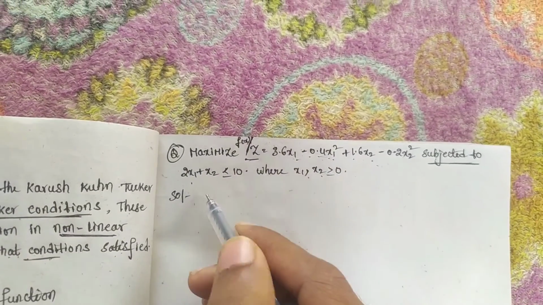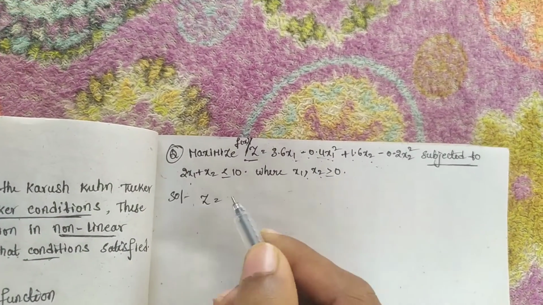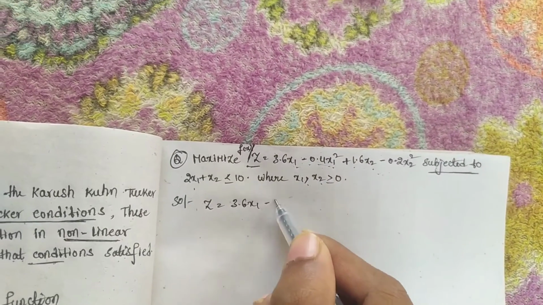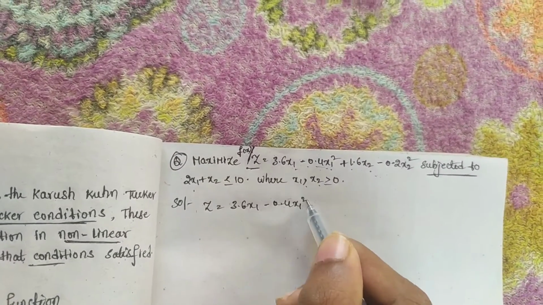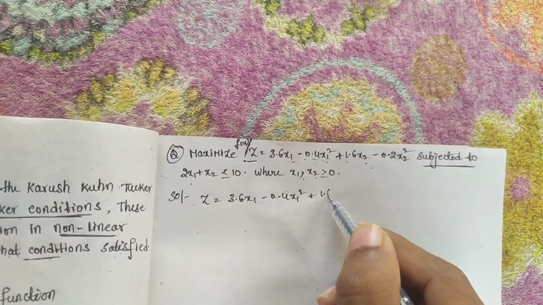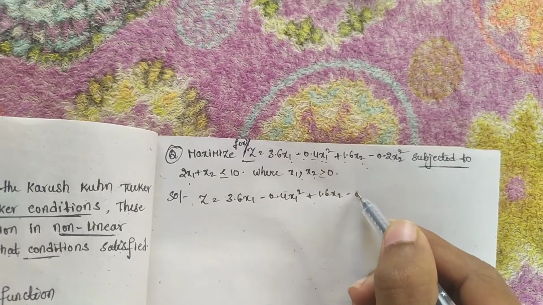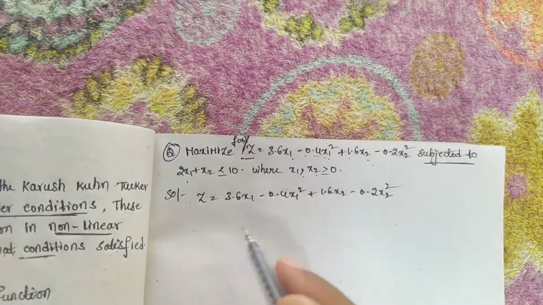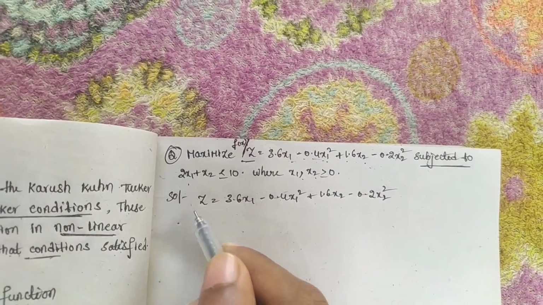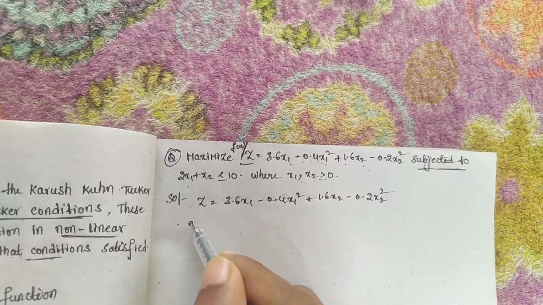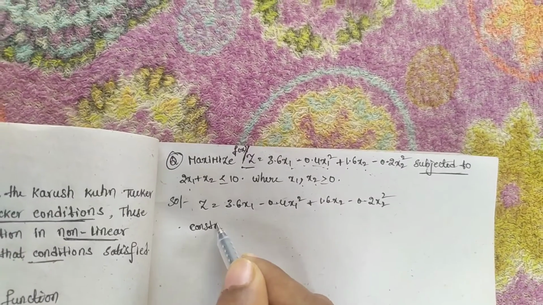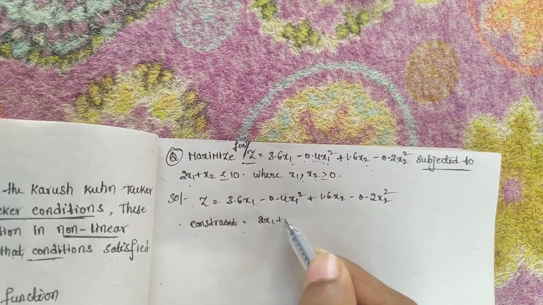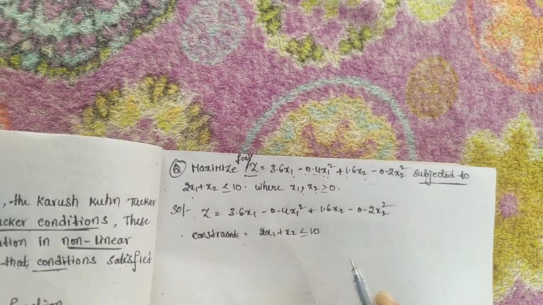We are given the objective function z equals 3.6x1 minus 0.4x1 square plus 1.6x2 minus 0.2x2 square, and the constraint is 2x1 plus x2 less than or equal to 10.